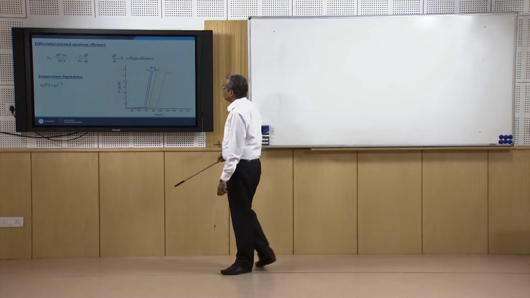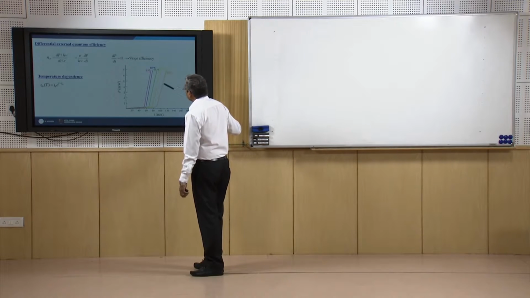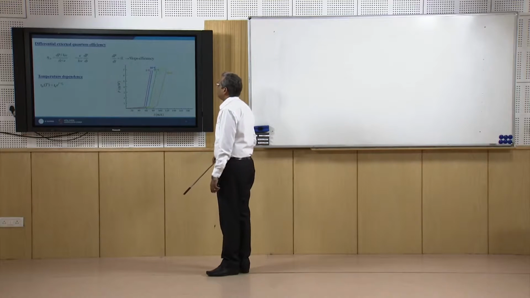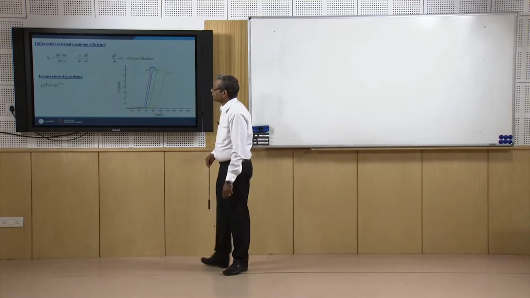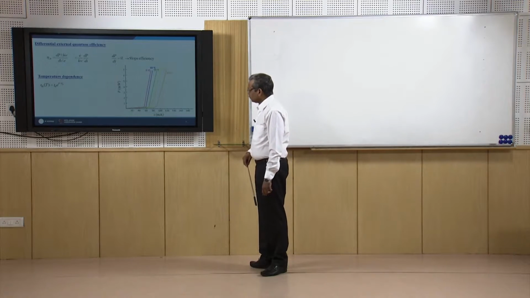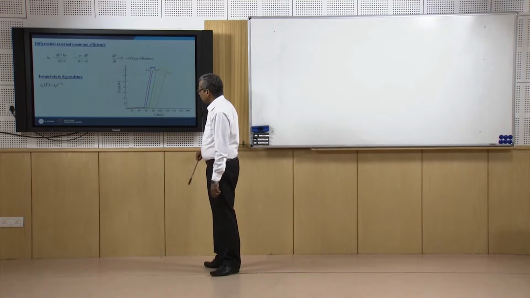This slope of the curve in this region is defined as the slope efficiency. If you change the temperature of a diode laser, then its PI characteristics change.